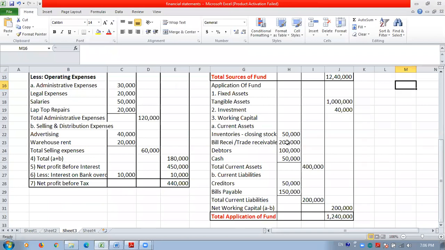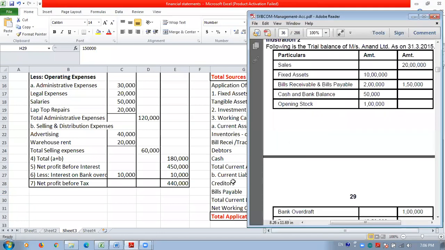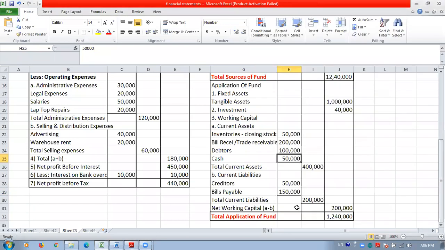Bills receivable and bills payable are transferred accordingly. Cash and bank balance 50,000 will appear under the current asset head as cash 50,000.